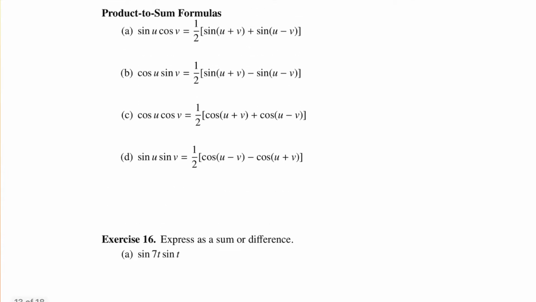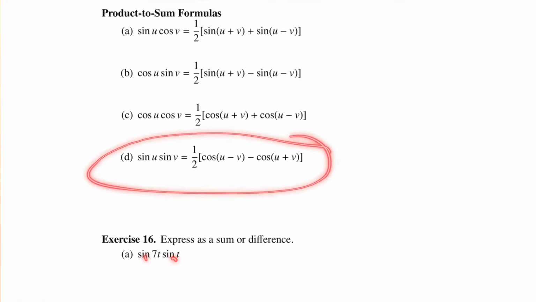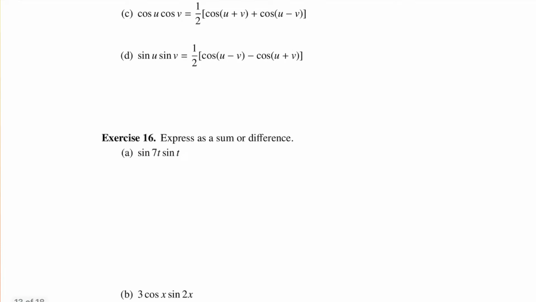So let's try this first problem. It says sine of 7t times sine of t. You're looking for the one that makes the most sense to apply. In this case, it would have to be sine times sine, the last one, d. So let's use the formula. 7t is our u and v is our t.